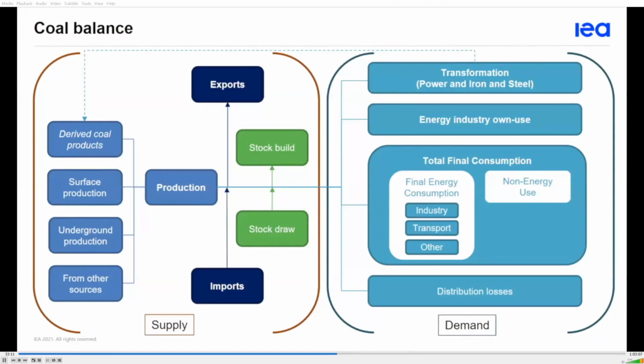On the demand side, you will have the transformations, which we see just after, the energy industry own use, and the total final consumption. Do not forget that, due to the way coal is transported, most of the time by trucks, there can be important losses. So keep track of those distribution losses to keep your statistics in good shape.